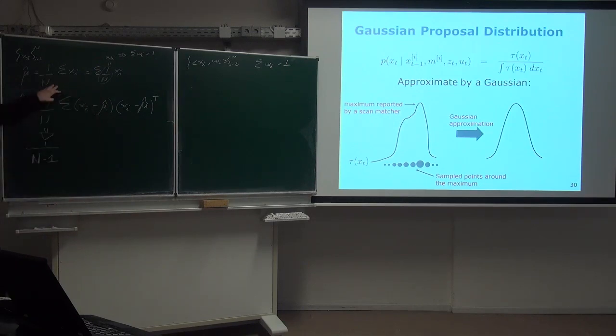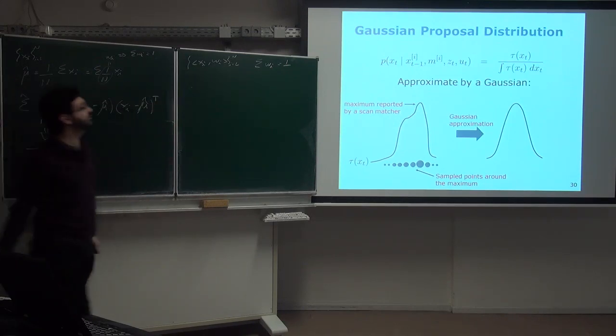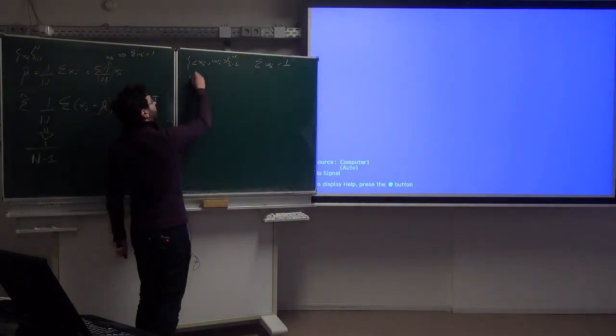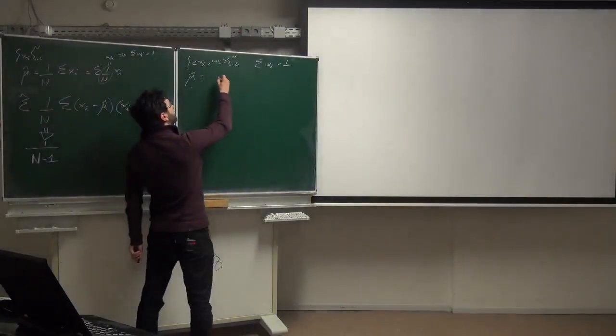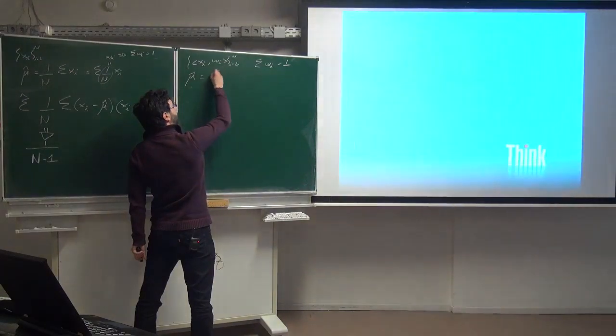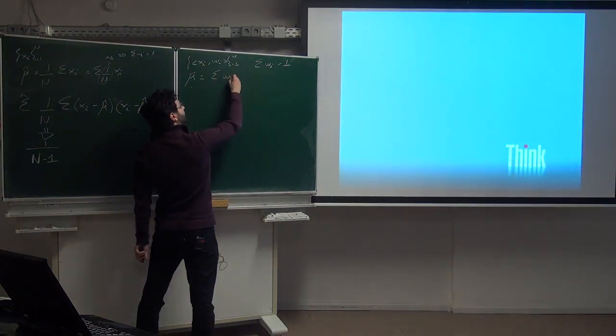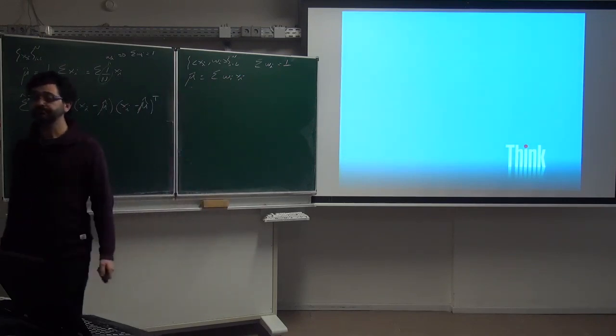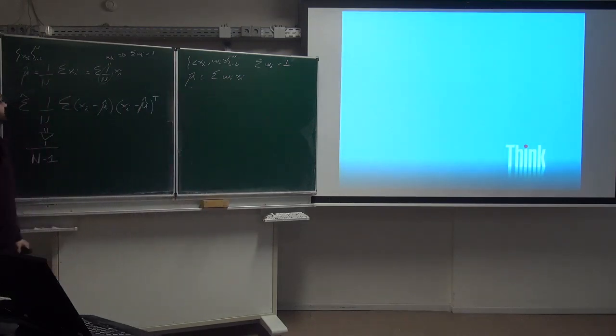So we can simply go from here to there. We have our nice mean, that's equal to the sum of the weights of the xi. That's how we have the mean estimate.